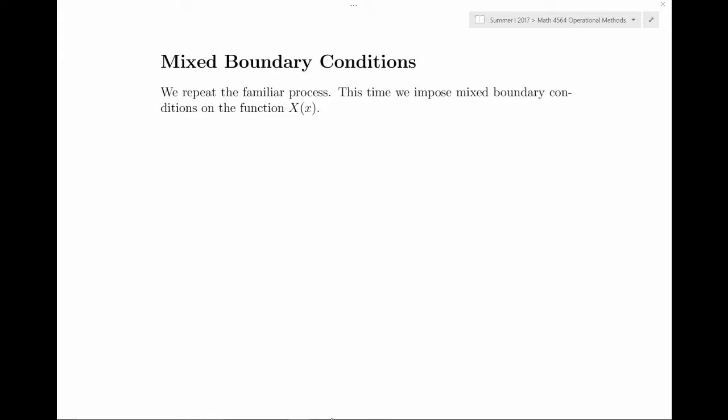What if we have a boundary value problem for u_t satisfying the equation u_t equals constant times u_xx, and then we either have u(0,t) being 0 and u_x(L,t) being 0, or we might have u_x(0,t) being 0 and u(L,t) being 0.